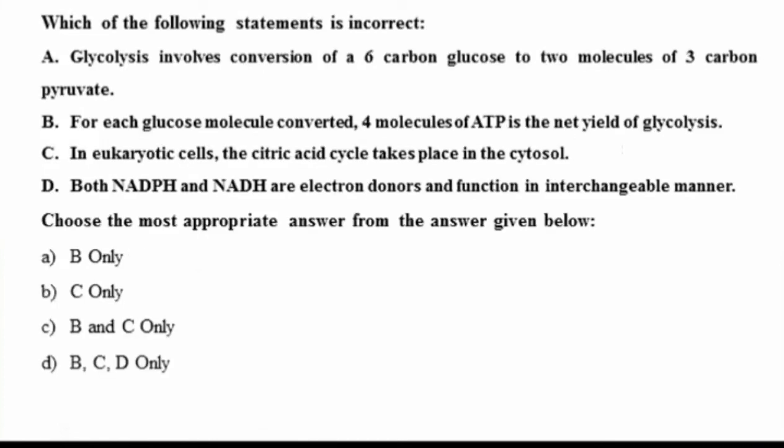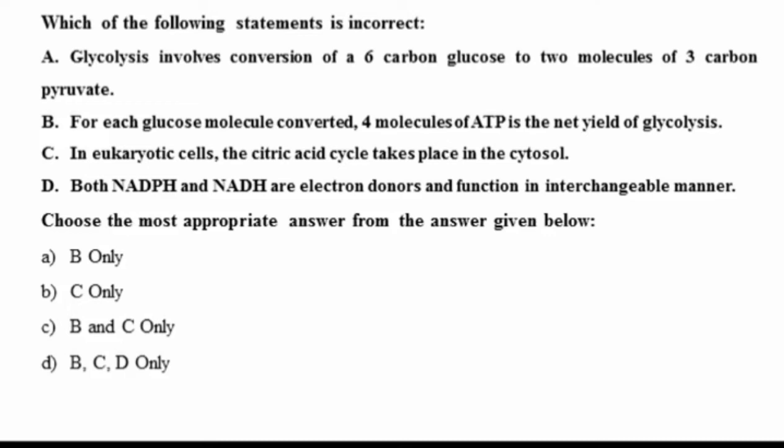In the next question, which of the following statements is incorrect? The statement A is glycolysis involves conversion of a 6-carbon glucose to 2 molecules of 3 carbon pyruvates. That is true. Second statement is for each glucose molecule converted, 4 molecules of ATP is the yield of glycolysis.